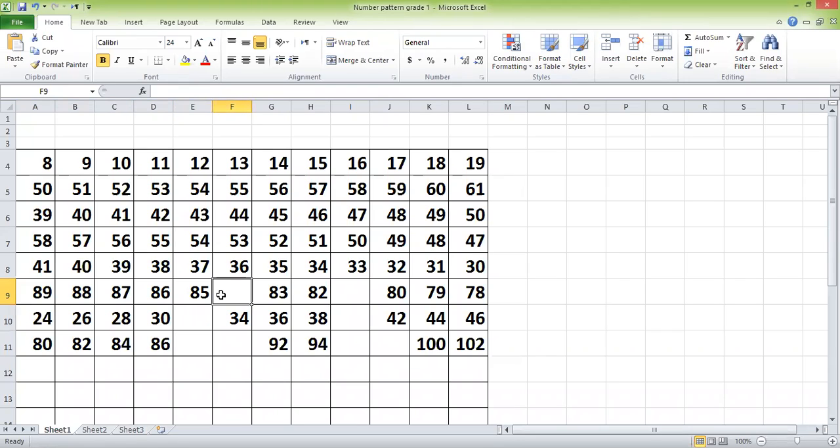You will say, sir, 84, because I'm talking about the pattern. But if I talk about the counting, what comes before 84, you will say, sir, 83. But if I talk about the pattern, this scenario is different. I hope it is clear to you, Hamza.